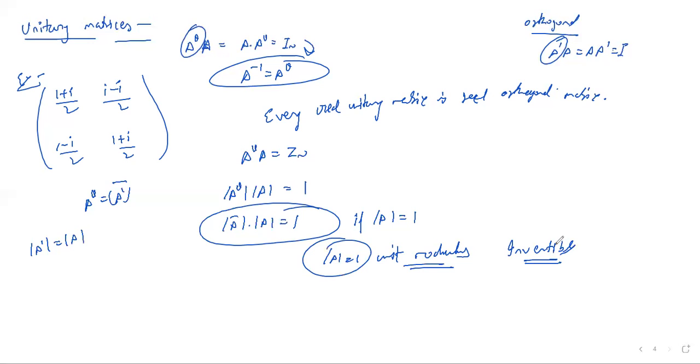Okay, and you can check that if I have A and B, which are unitary matrices, then the corresponding multiplications AB and BA are also unitary matrices. Okay, you can check it like that.